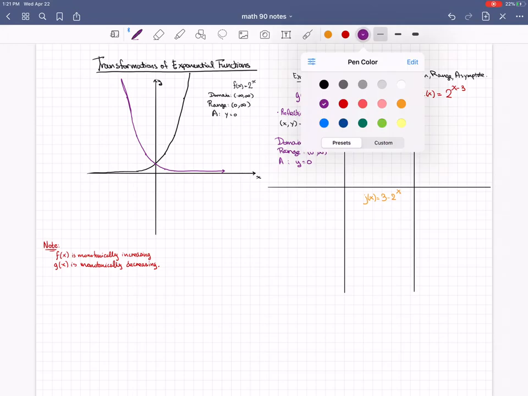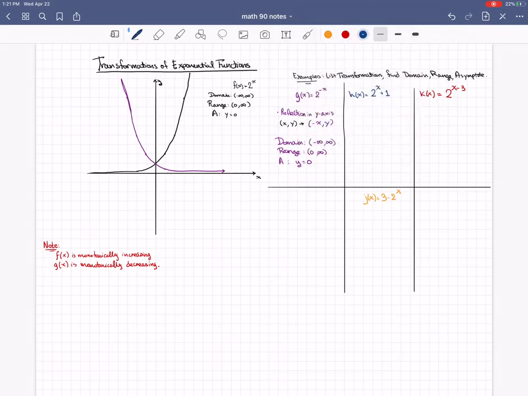Now let's move on to our second example. Same thing, let's list the transformation. Notice that here, the only thing that's different is this plus 1. I'm hoping you'll say with me as I'm writing this, the transformation that we have here is a shift up 1 unit.